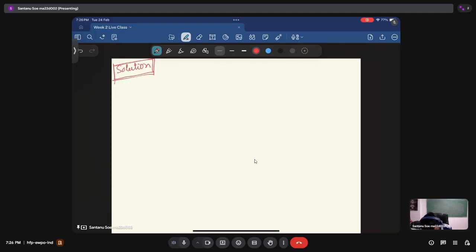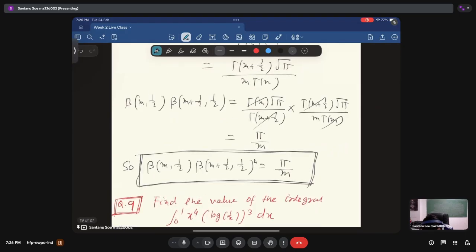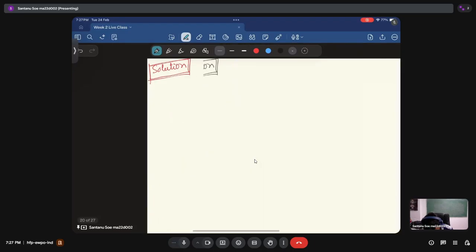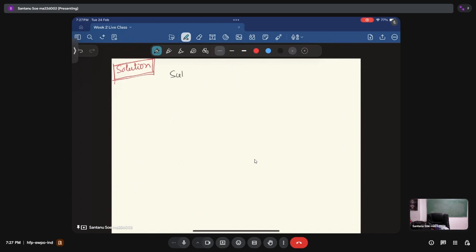So first, what we're gonna do is substitute x to the power 4 by e to the power minus t, and then we're gonna change it to a gamma function, some product of gamma functions. Then we can evaluate it easily. Correct. So substitute x to the power 4 equals e to the power of minus t, right?